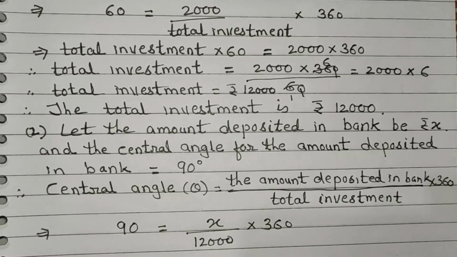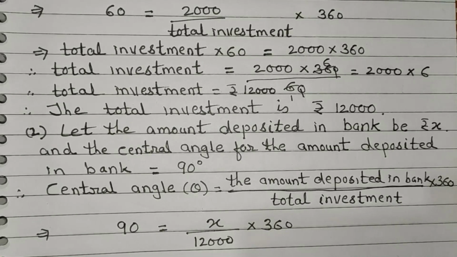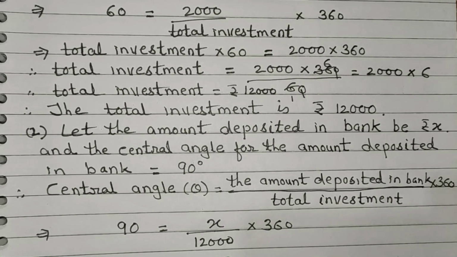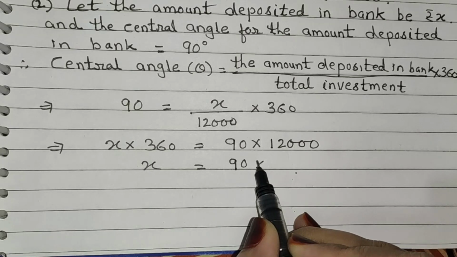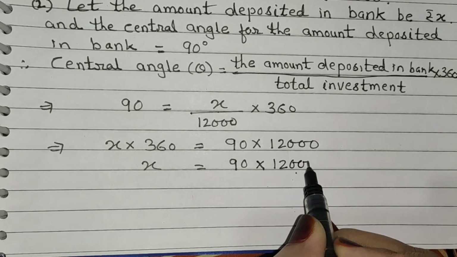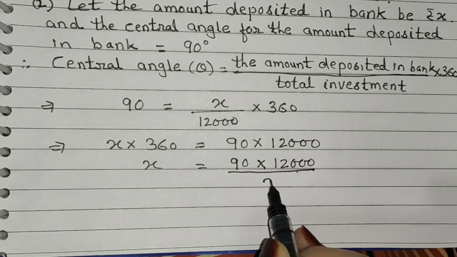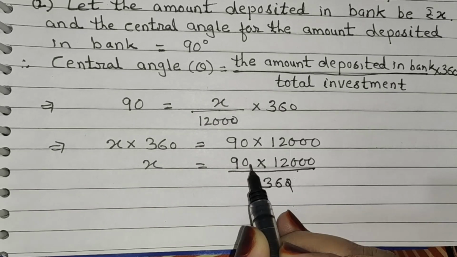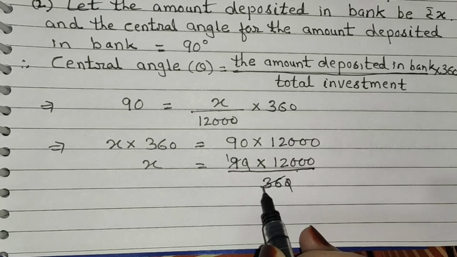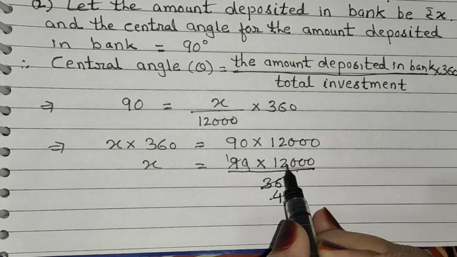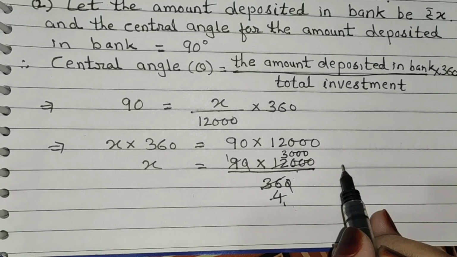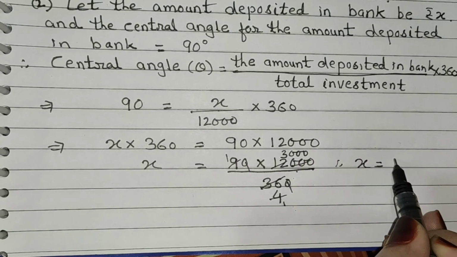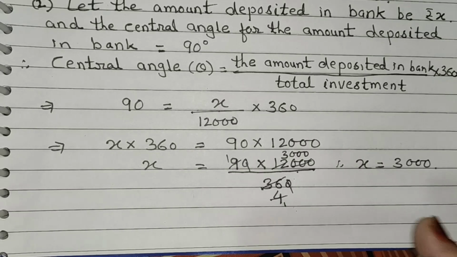Now cross multiply, X into 360 is equal to 90 into 12,000. Now X is equal to 90 into 12,000 upon 360. 0 0 cancel, 9 ones are 9, 4 ones are 4, 4 threes are 12, and 3 0. Therefore, we get the value of X is equal to 3,000.